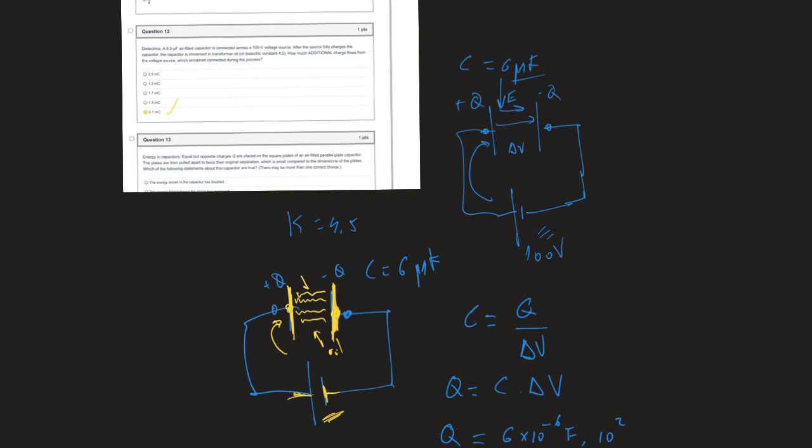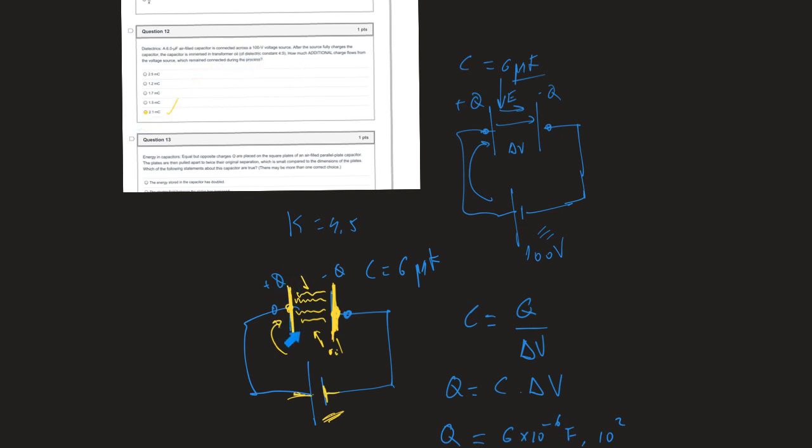It says, if you put a dielectric of constant K equal 4.5 into the capacitor of 6 microfarad, what will be the new charge?